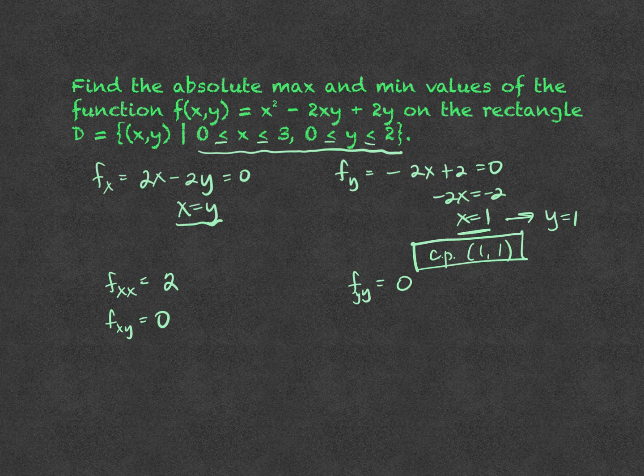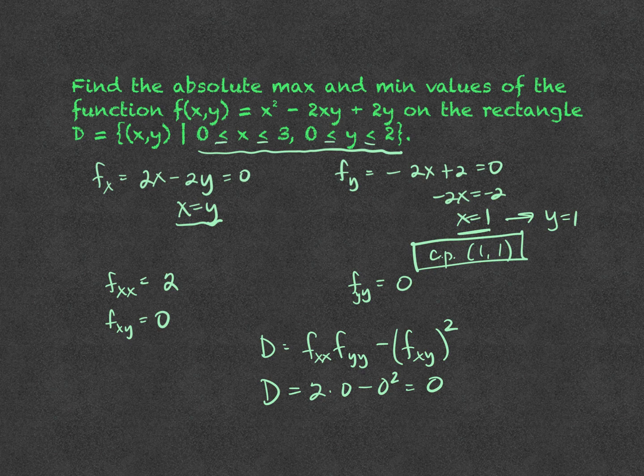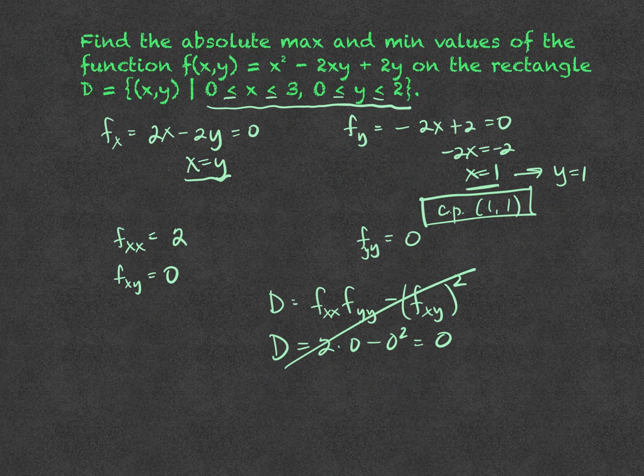There's way too many zeros going on here. I would like to look at the second derivative test. It says these two minus this one squared. So we have 2 times 0 minus 0 squared, which is 0. So it's not helpful, of course.